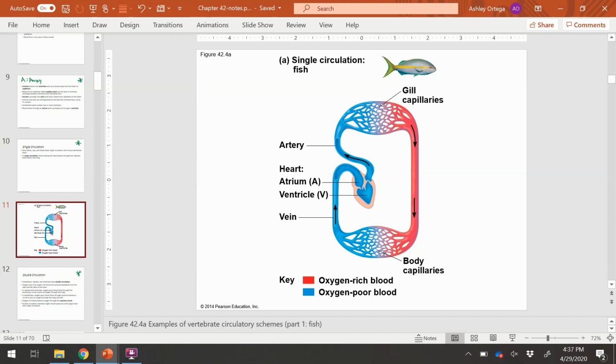And now oxygen heavy, it's going to then go to the body capillaries, where it spreads out, exchanges that oxygen with carbon dioxide, and then converges back into veins, where then it goes back to the atrium. So single circulation, 1 heart pump, goes through the gills, then goes to the body, then goes back to the heart.